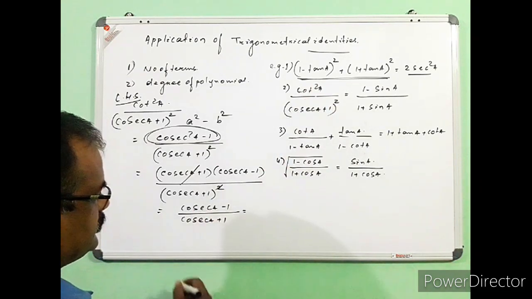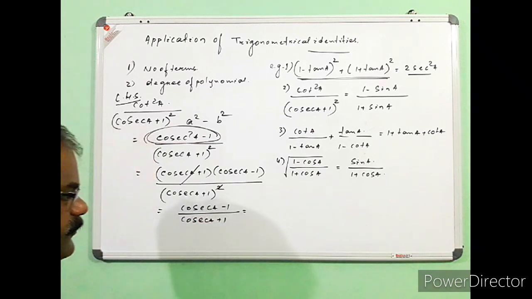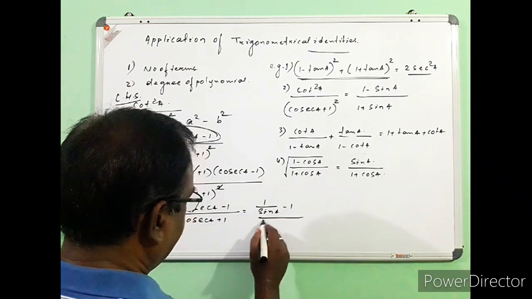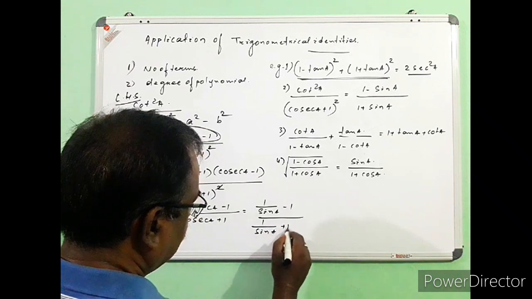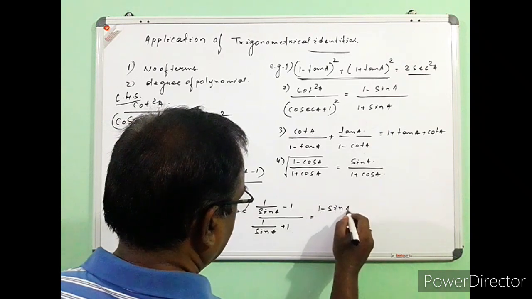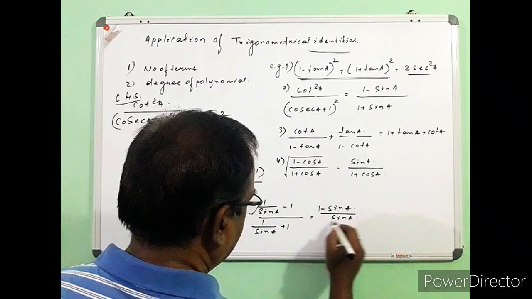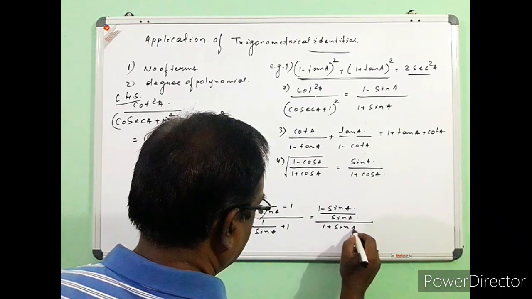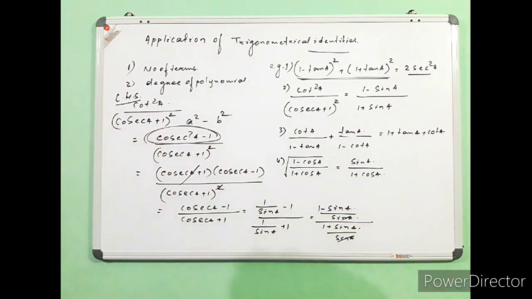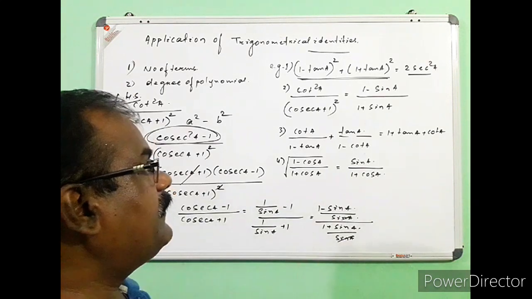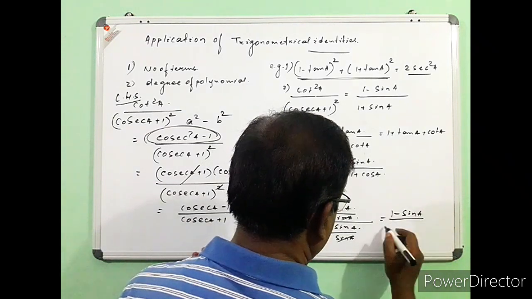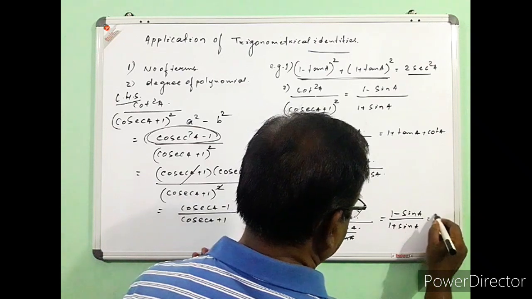The only thing is that we have to change cosec A in terms of sine A. As we know from the reciprocal law, cosec A is equal to 1 by sine A. So (1 by sine A minus 1) divided by (1 by sine A plus 1), and taking the LCM, we get (1 minus sine A) by sine A divided by (1 plus sine A) by sine A. Cancelling out sine A from both numerator and denominator, we get (1 minus sine A) by (1 plus sine A), which is equal to our RHS.